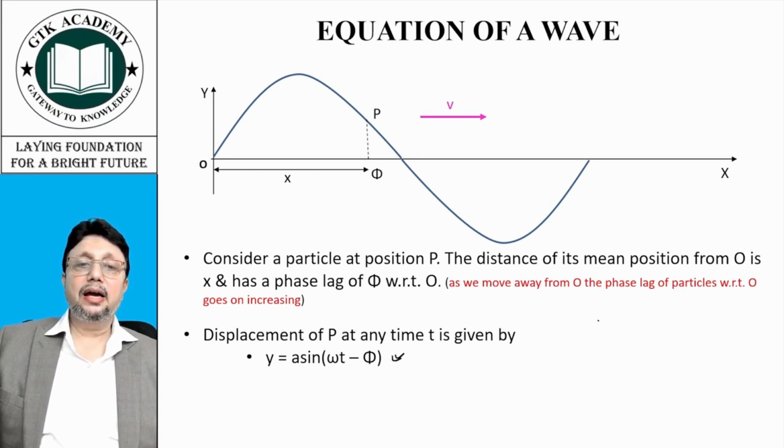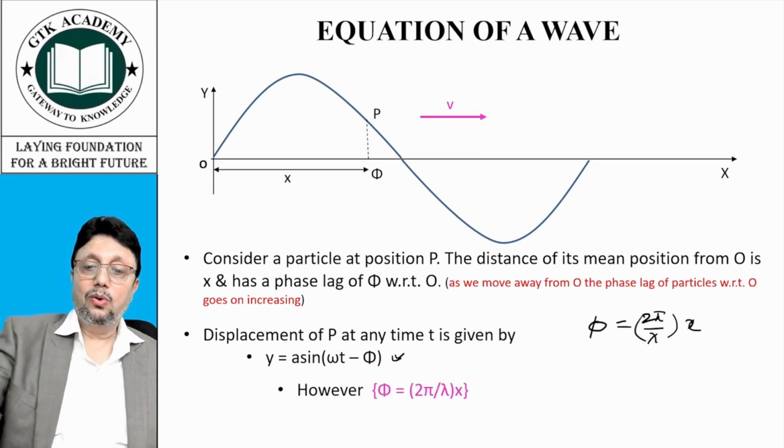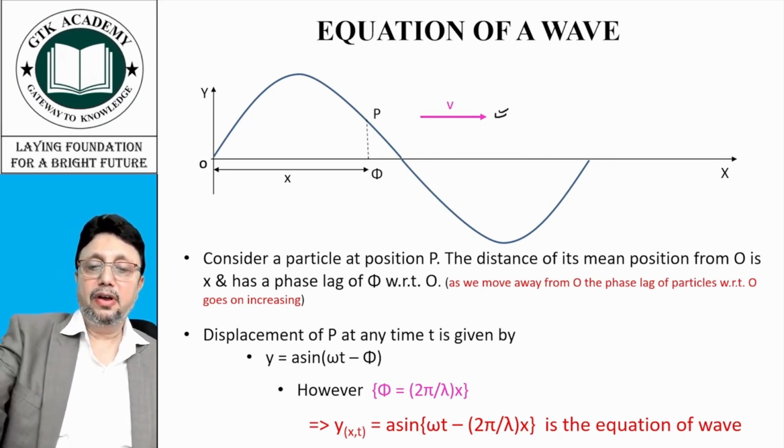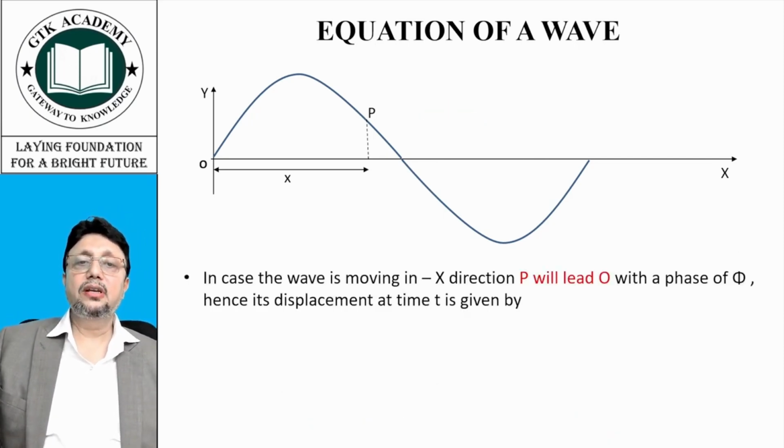But we know that phi is equal to 2 pi upon lambda into x. So the equation of wave now becomes y is equal to a sine omega t minus 2 pi upon lambda into x, if the wave is moving in this direction. But if the wave is moving in the opposite direction, at that time P will lead O. So its displacement can be given by a sine omega t plus phi.